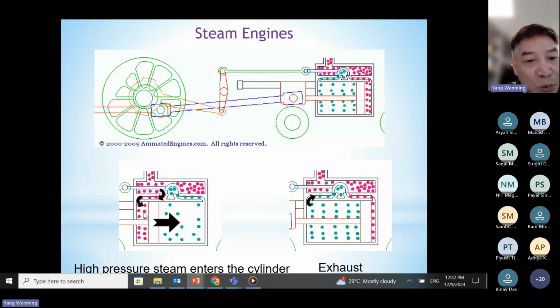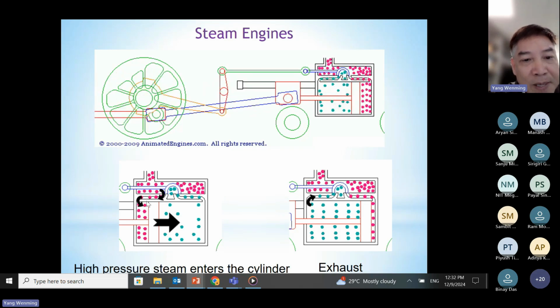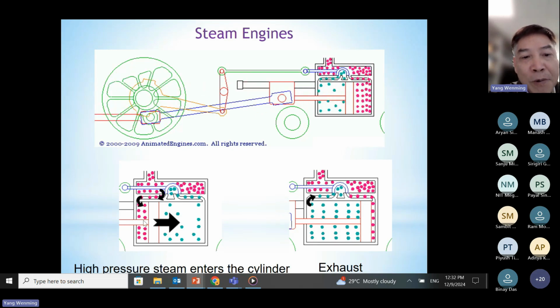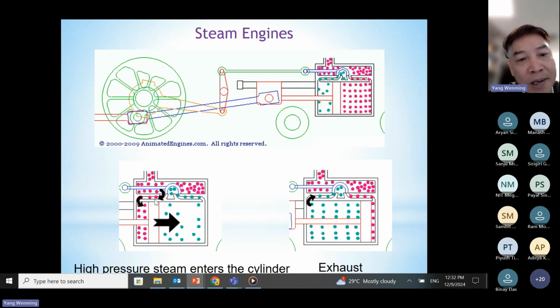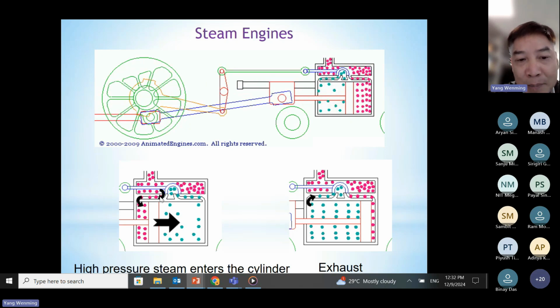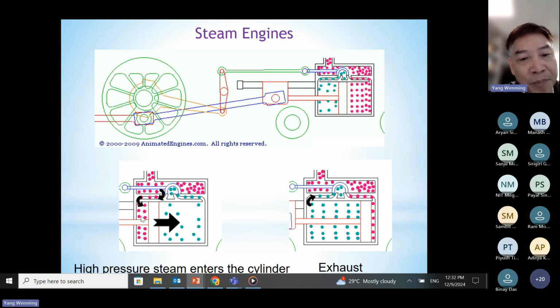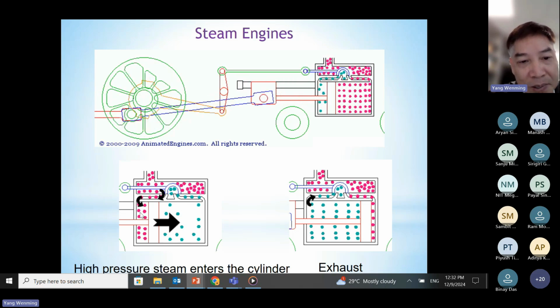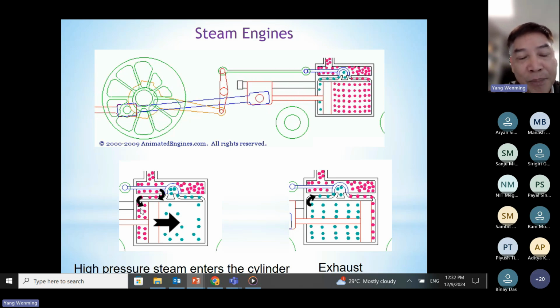Okay, you can see, firstly, when the piston moves from the left side to the right side, the high pressure, high temperature steam will enter the steam engine from the left side.